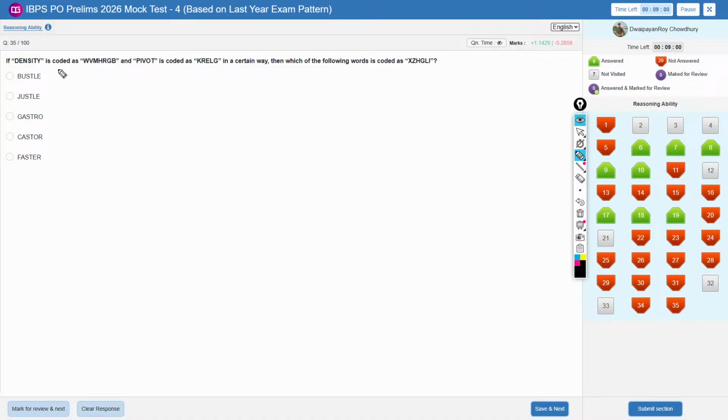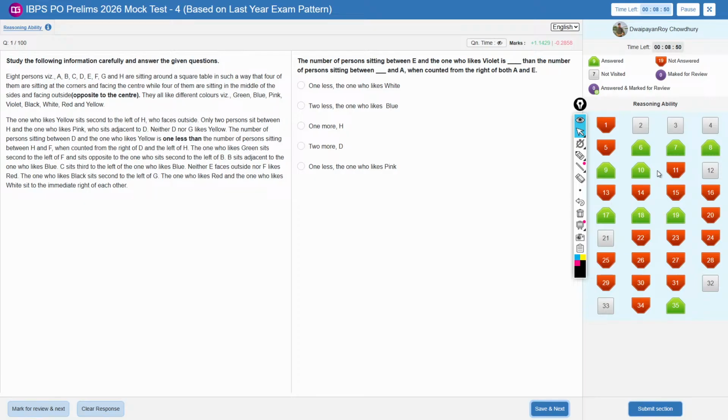Okay. DW, EV, NM, PK, TG. So X, CX. Then again, a square table facing outside. Everyone outside, right? Four of them corner facing center.